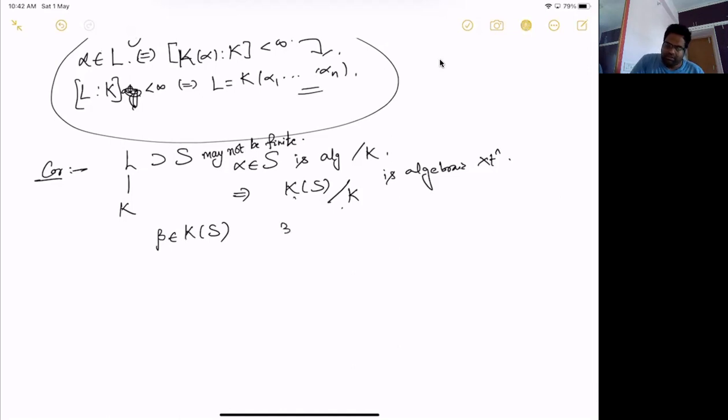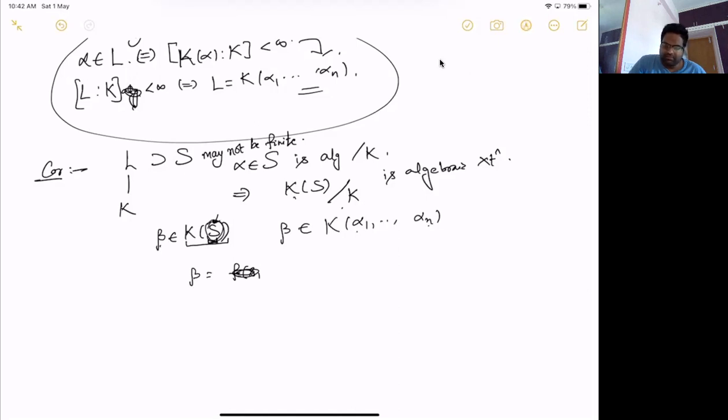So beta would belong to K(alpha 1, ..., alpha n) for some alpha 1 up to alpha n. Because if you recall how this is constructed, beta is of the form f of, a polynomial in the finite products of these elements. So it is a quotient of two polynomials, where each polynomial is a K-linear combination of products of these elements.